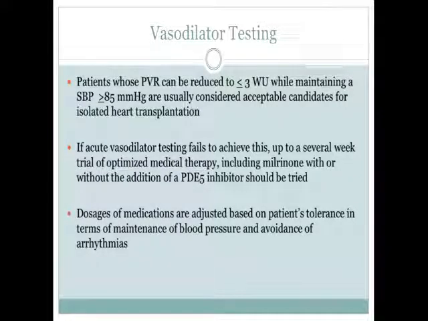And in terms of mechanical assist devices, there's a question of, well, how long do you allow somebody to have an LVAD, for example, and how long do you allow them to try and reduce their pulmonary pressures? And there are a few studies that have been done.